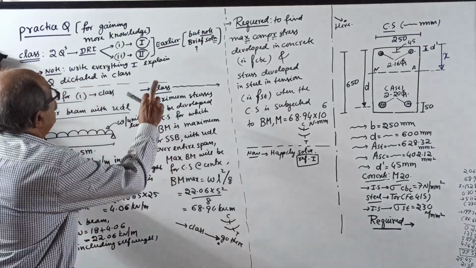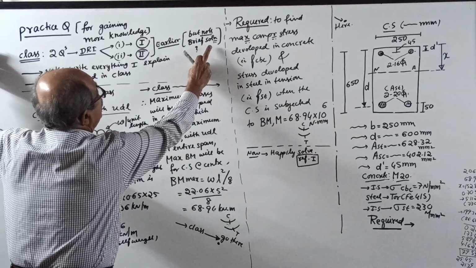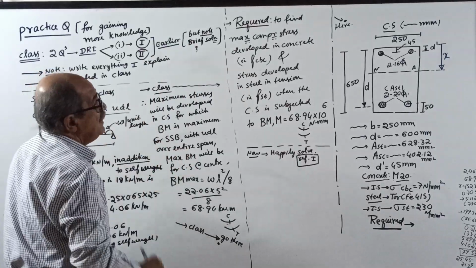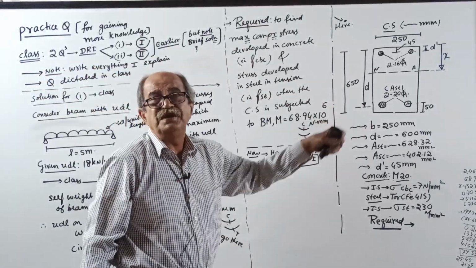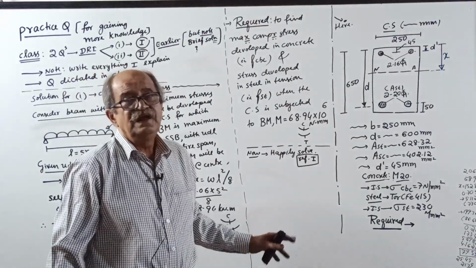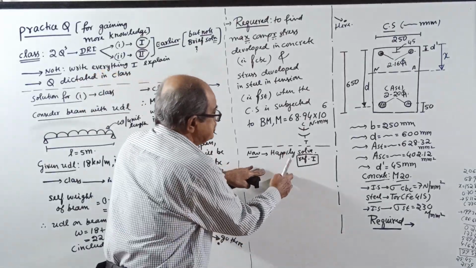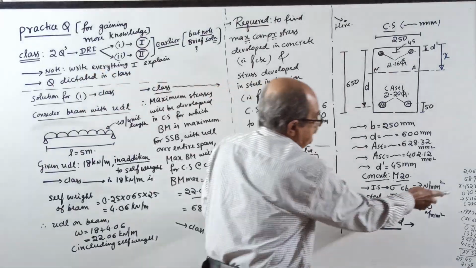Remember, but note the brief solution. When I go to stress calculation, as per Roman 1, or MR calculation, as per Roman 2, I simply write the answer here. I already solved everything here.